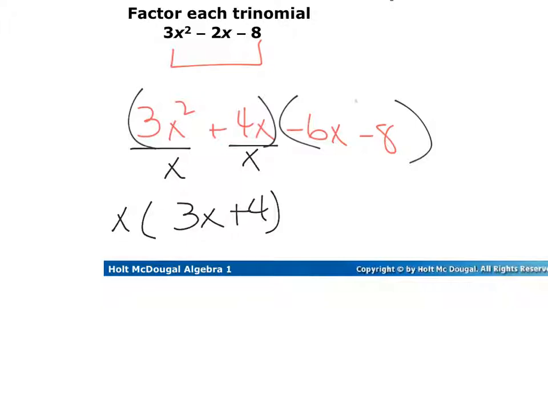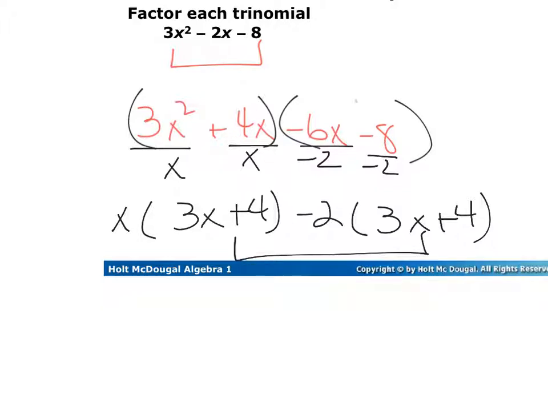And then over here, I need to make it the same, so I'm actually going to pull out a negative 2 GCF. And then I get the 3x plus 4. These need to be the same. And if they're not, that's when you got to know to pull out a negative GCF.